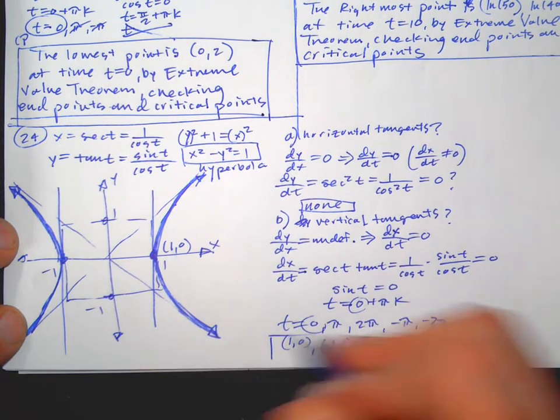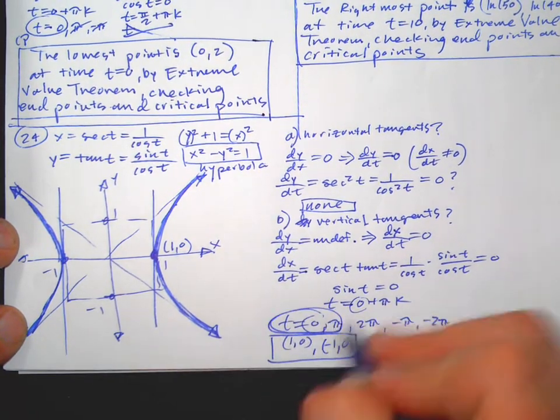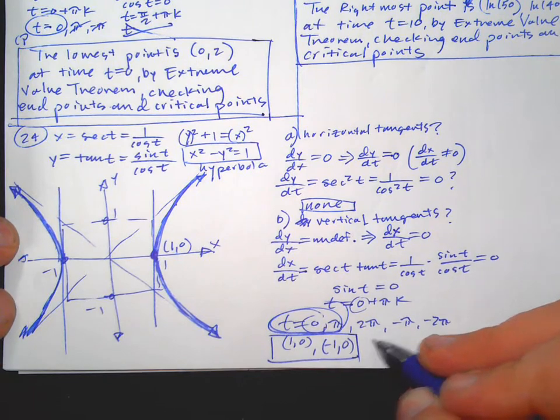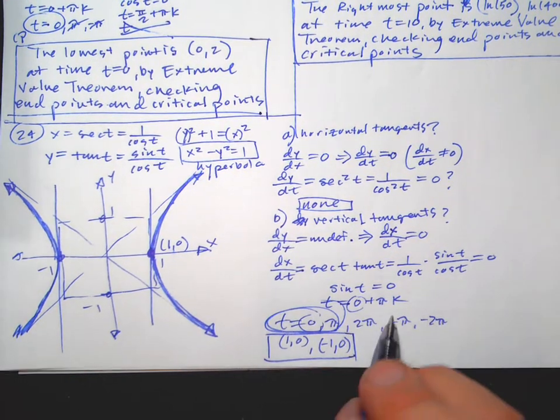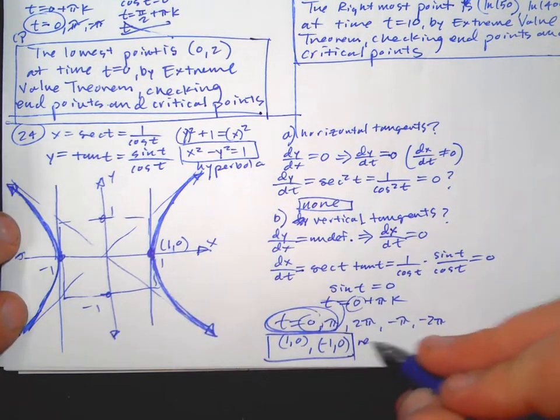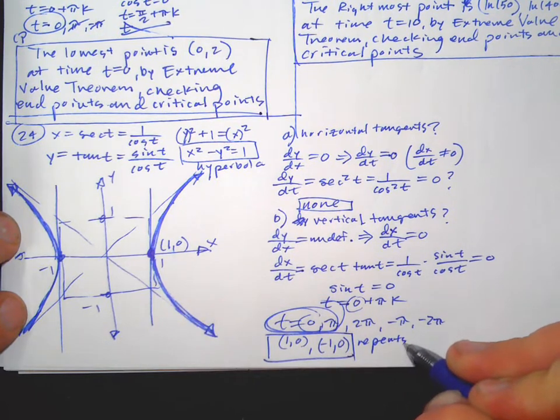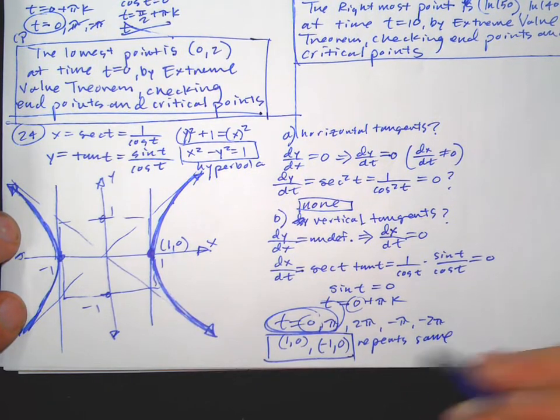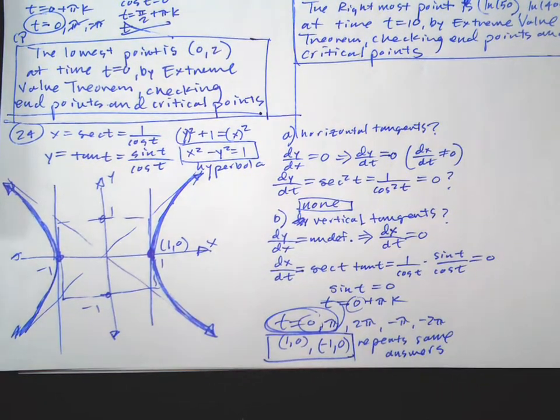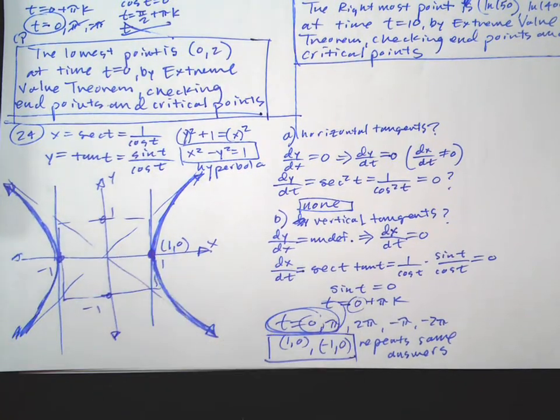So that's all we need. Otherwise, we keep getting the same ones over and over again. It repeats the same answers at these other times, but they're the same points on the graph, so we're not going to list them again. It's kind of interesting that from the graph we can see when that's going to happen. Okay.